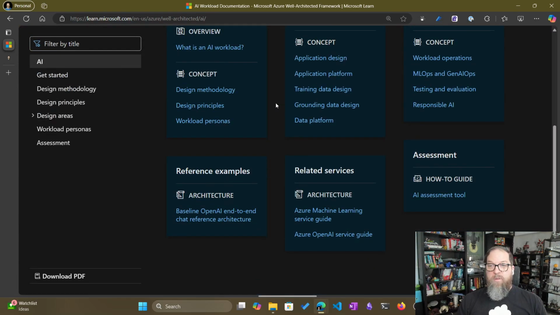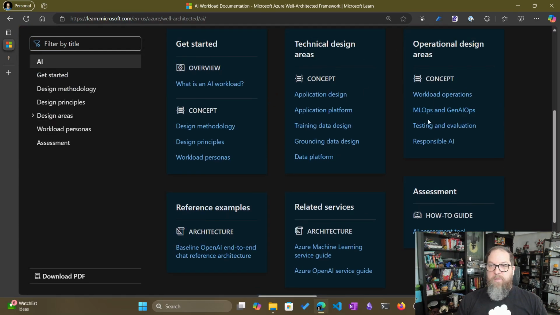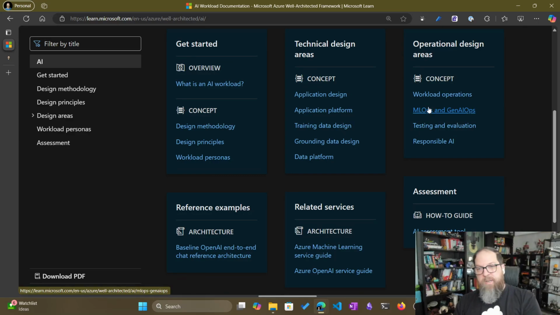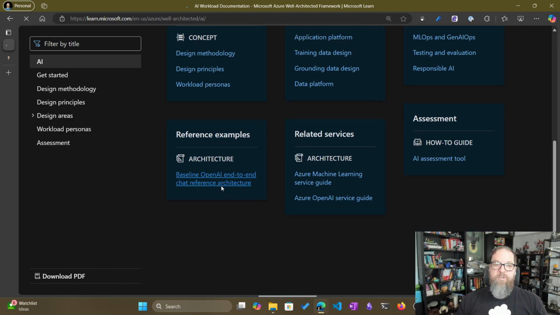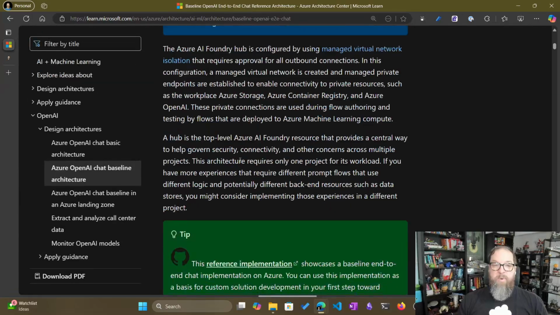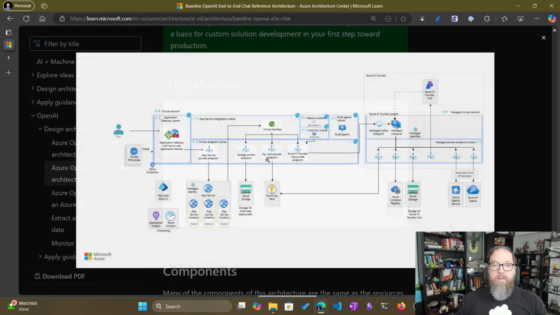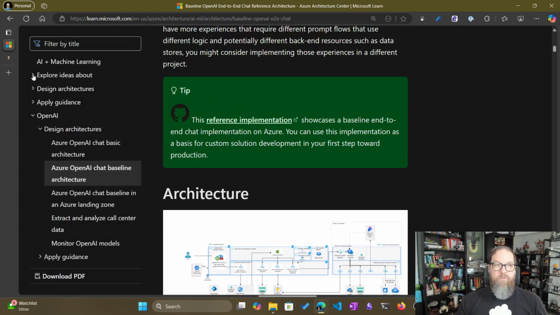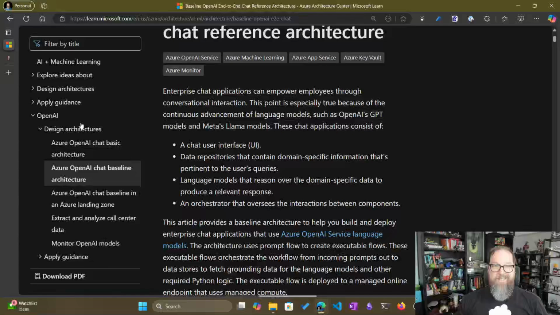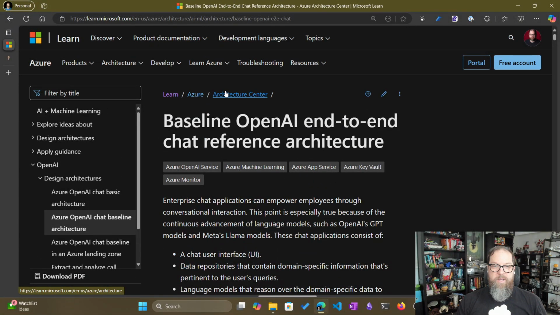So AI workloads, where we need to talk about like the differences between ML and Gen AI, where we need to understand like maybe we're going to be building out a chatbot and we want to have private endpoints. We want to use the AI Foundry so that we can connect effectively out to the various services. We want to lock things down. So the workloads give us a great starting place and a great discussion around the various technologies.